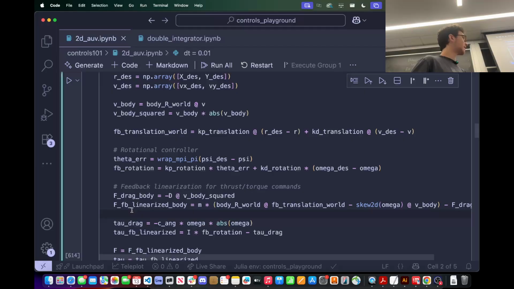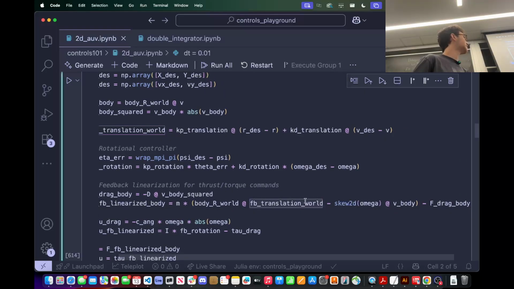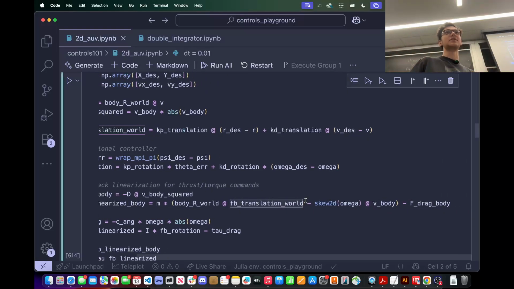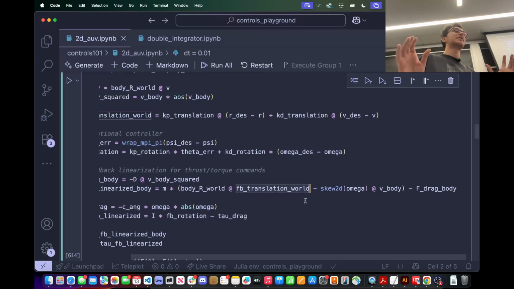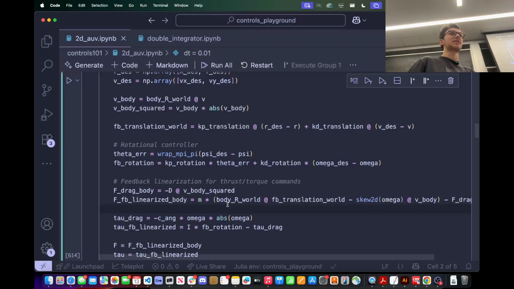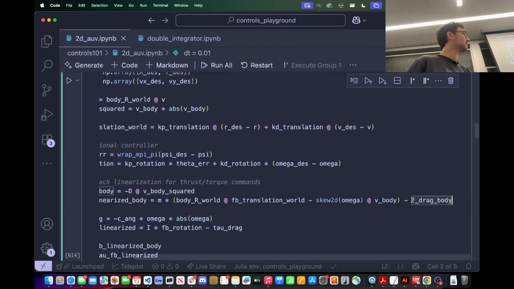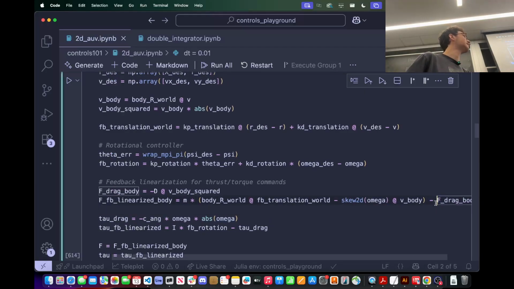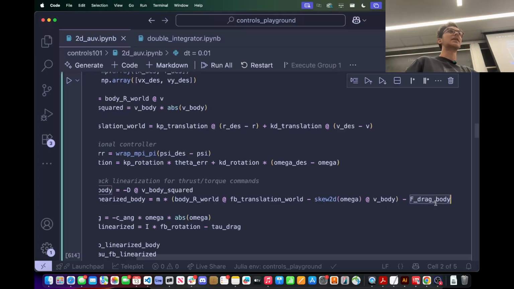But if we do feedback linearization, we're going to take the feedback force and then do some stuff to it. The stuff that we do to it is in the write-up, but we do this such that the resulting system behaves more nicely, and we account for all of these nonlinearities. We're canceling drag here. We're doing some feedforward stuff here, canceling the known drag.